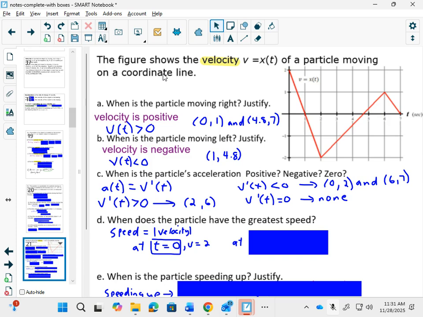when does the particle have the greatest speed? This is a tricky one sometimes. Because if you think of greatest, you usually think about maximums on your graph, right? But a speed could also be a minimum velocity, like the minimum on this graph at a negative velocity would still have a positive speed.